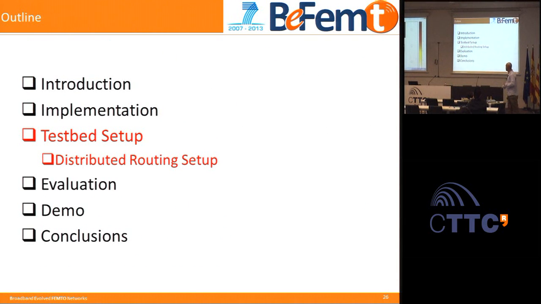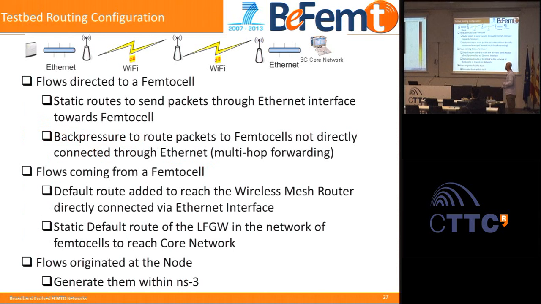Okay, with regards to the routing setup in order to evaluate the routing protocol, we have to configure two kinds of routing because of the way femtocells are connected to this equipment, which is a wireless mesh router.